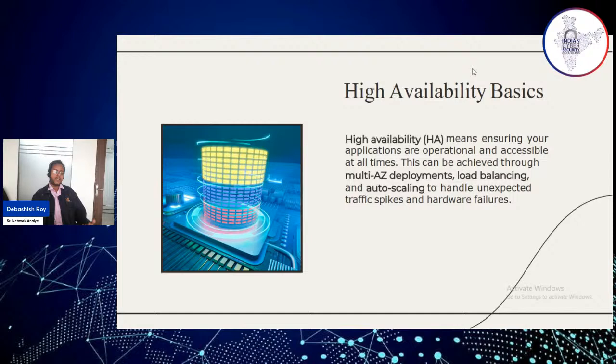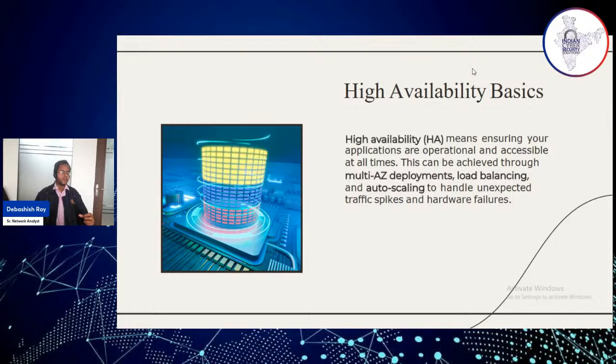Now, this high availability can be achieved through multi-AZ deployments. You are not having a single availability zone, but multiple availability zones, like multi-cloud. Then you have load balancers, which balance your traffic or load among multiple targets or multiple EC2 instances, and auto scaling.